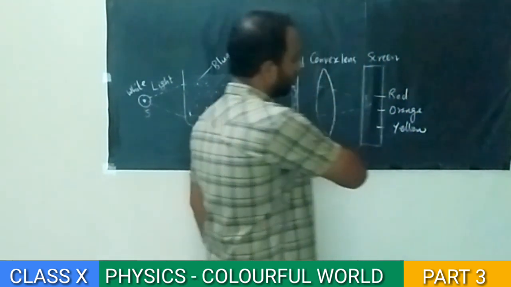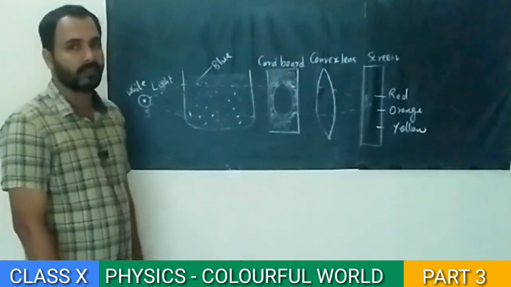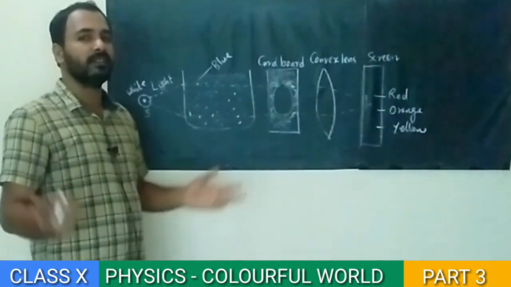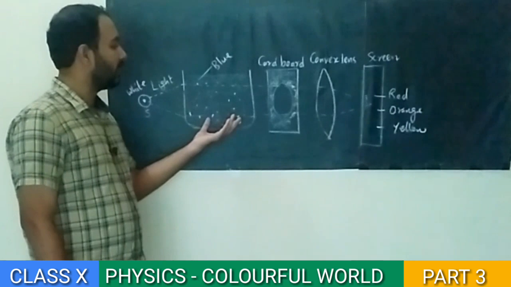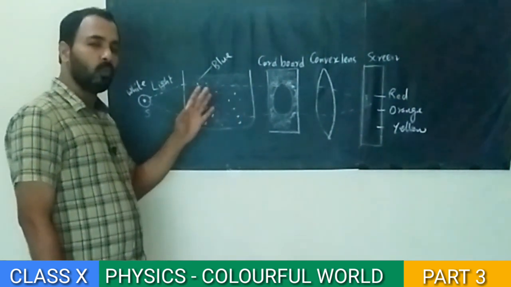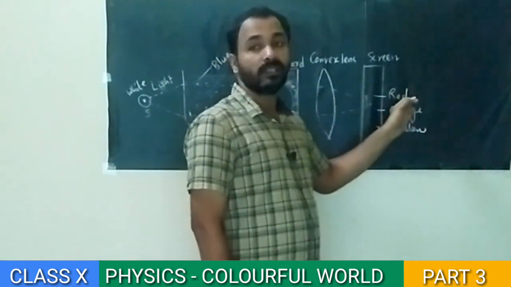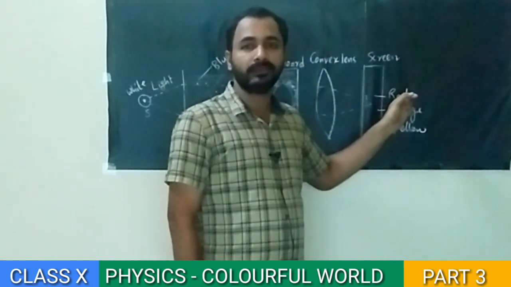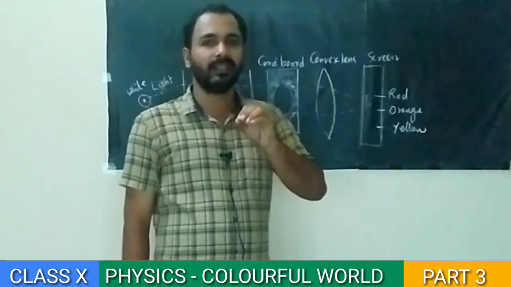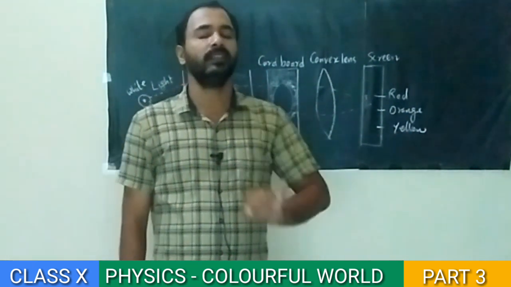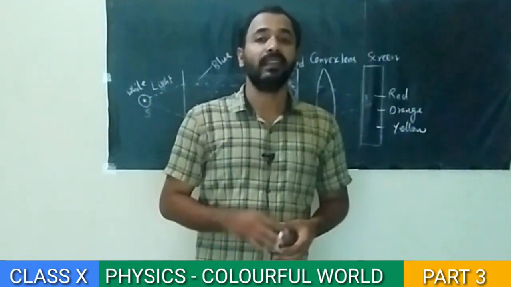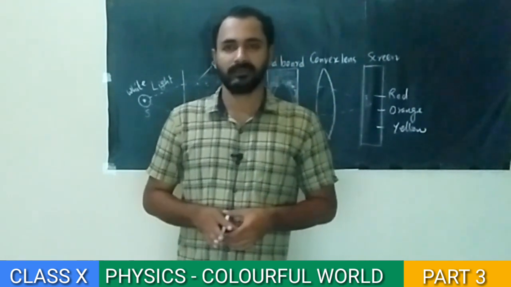All other colors scatter. Why? Red, orange and yellow are the least scattered colors.